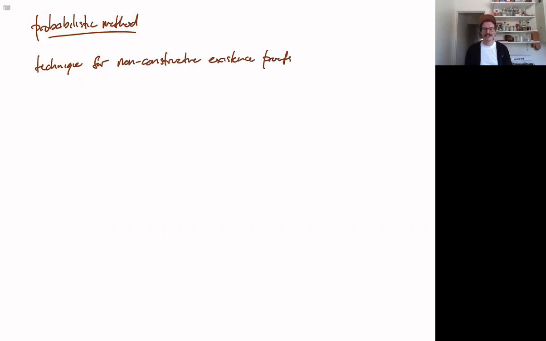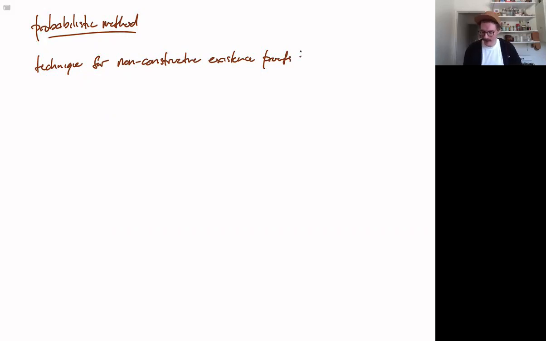It is a rad technique for non-constructive existence proofs. Somehow non-constructive existence proofs seem to be a very rich area for cool proof ideas. So here is yet another example.